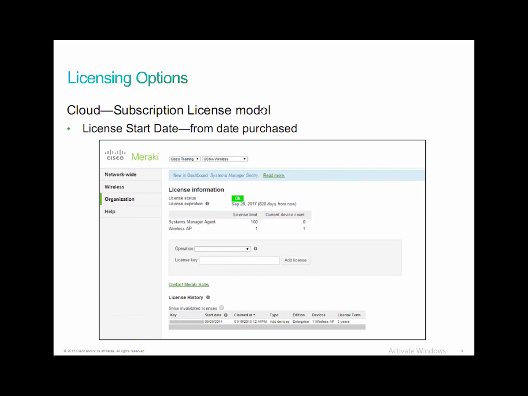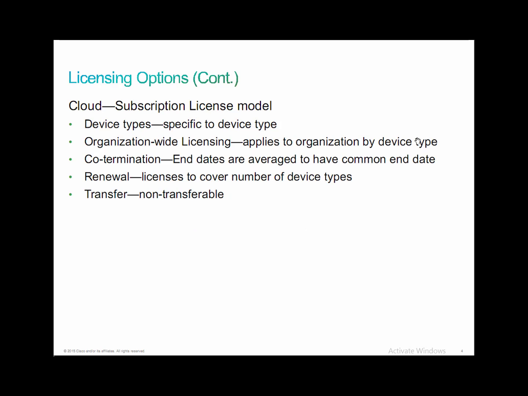Now, within the cloud licensing arena, there are several different components that get licensed, right? We have different device types. Licenses apply only to devices of one type. That means that you have to purchase a license for an AP that does not contribute to the number of, say, MX series security appliances that you have in an organization.